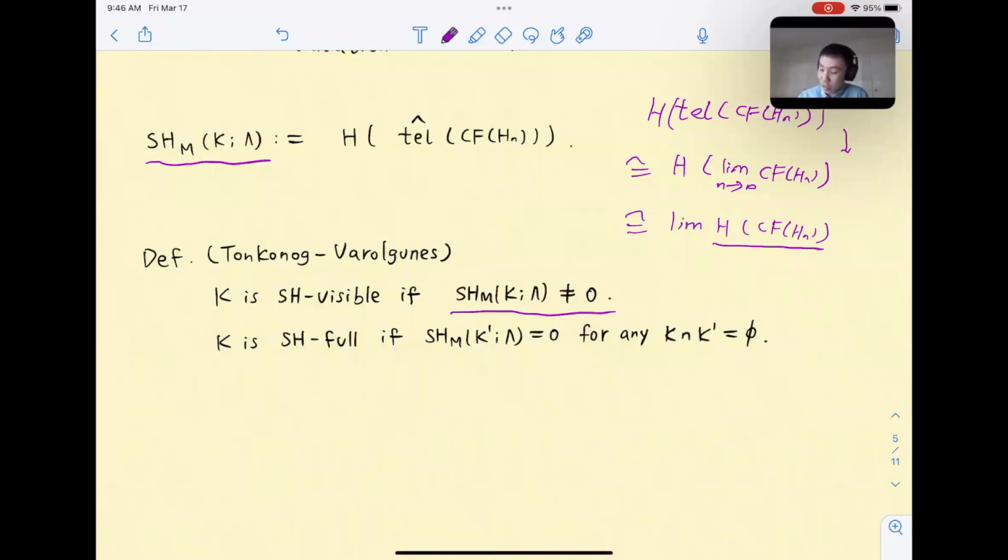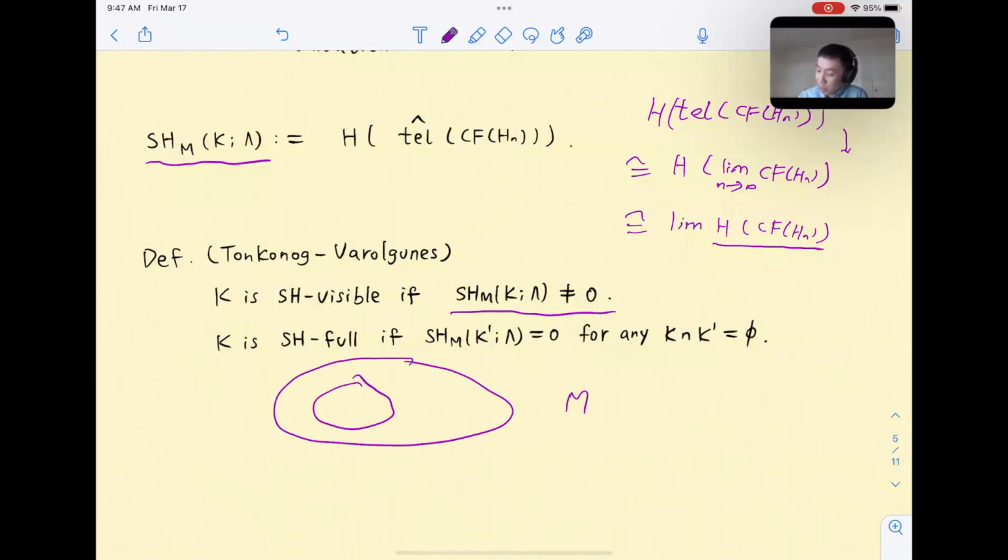And K is called SH full if this invariant is zero for any K prime that doesn't intersect K. So that is, let's say we have a big symplectic manifold M here, I have K here. And K is called SH full if any K prime outside of K has vanishing invariant.